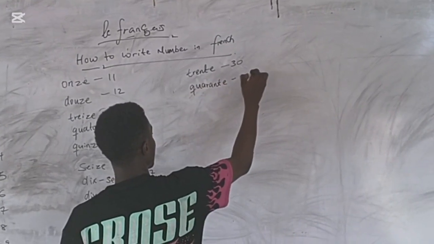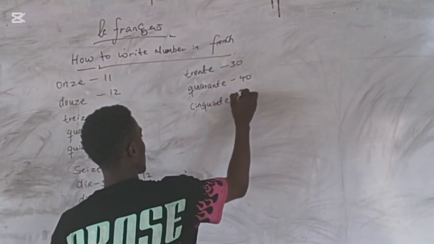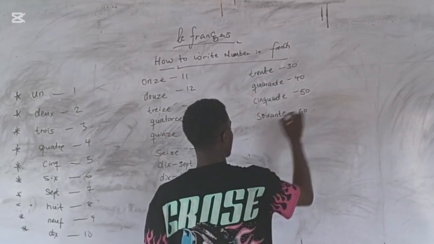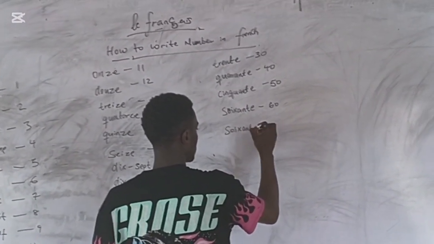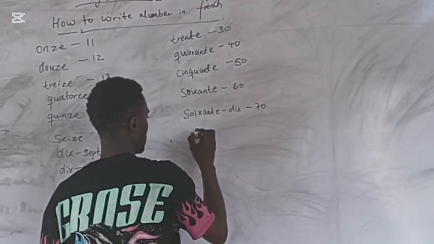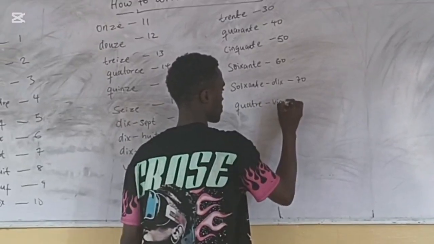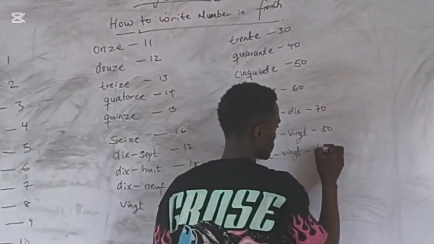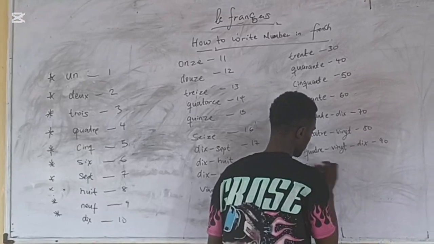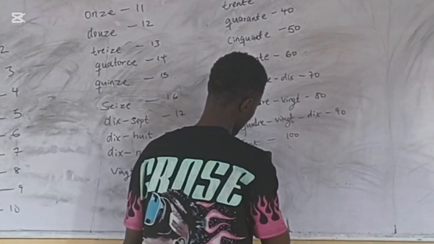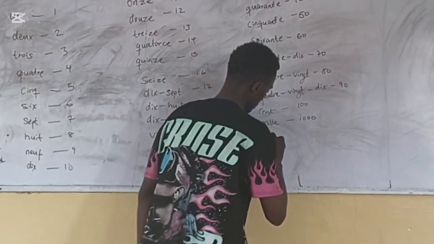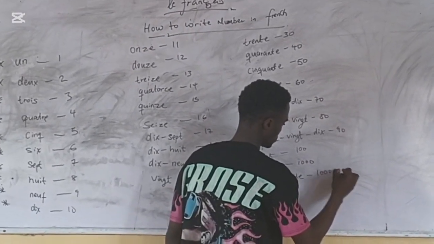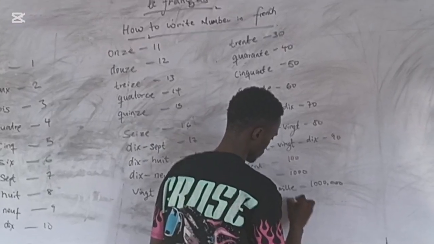Then 50, 60, 70, 80, and 90, then 100, and 1000, 100,000, which is hundreds of thousands, and a million.